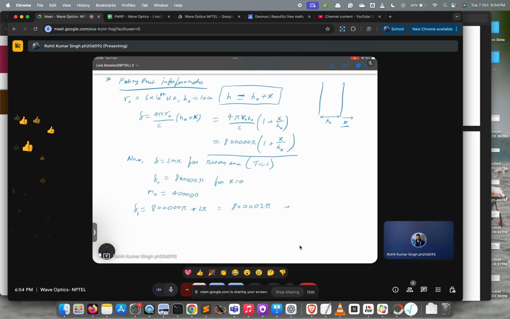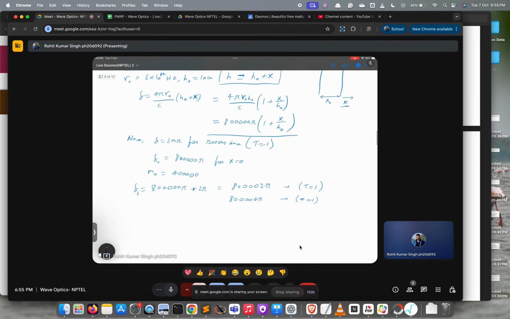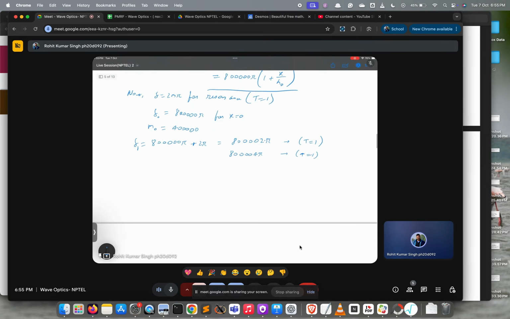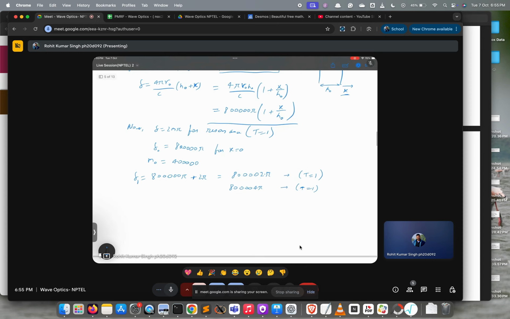So at this again you will have resonance, and you will get resonance again at 4 pi and so on, right? And now you can solve this equation to find the value of x, right?